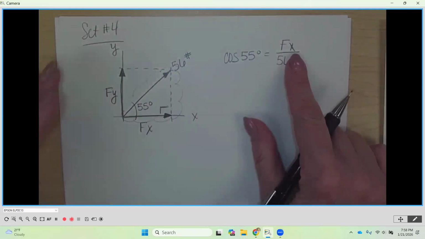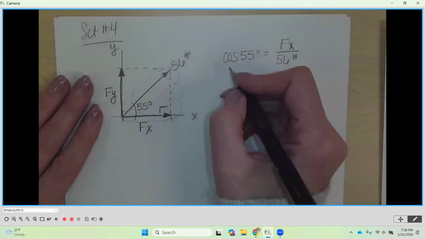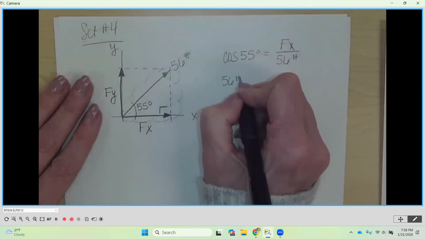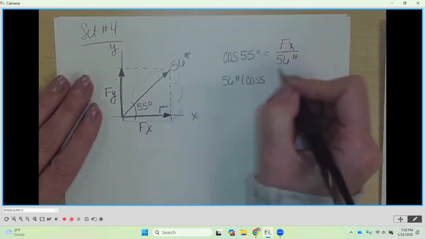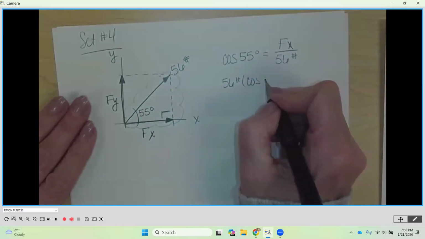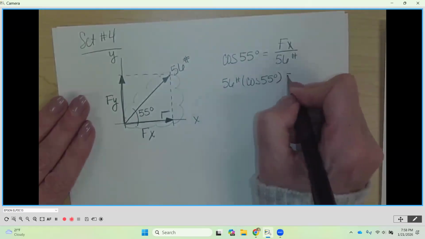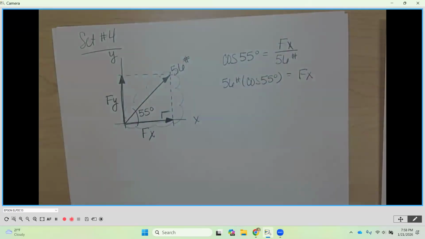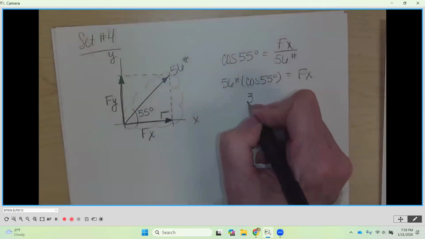Now, to solve for Fx, that's my unknown, I'm going to multiply my 56 up. So I'm going to have 56 pounds times the cosine of 55 degrees is equal to Fx. Okay, so now we're just going to do that math, right?